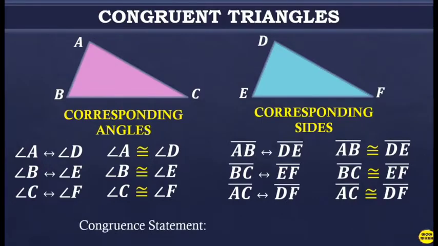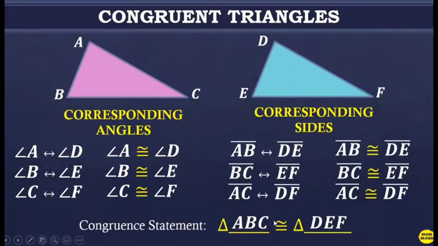So, what will be our congruence statement here? Based on the given corresponding angles and sides, we can say that triangle ABC is congruent to triangle DEF. Again, make sure that you are writing the correct order of your vertices. It cannot be whatever we want.